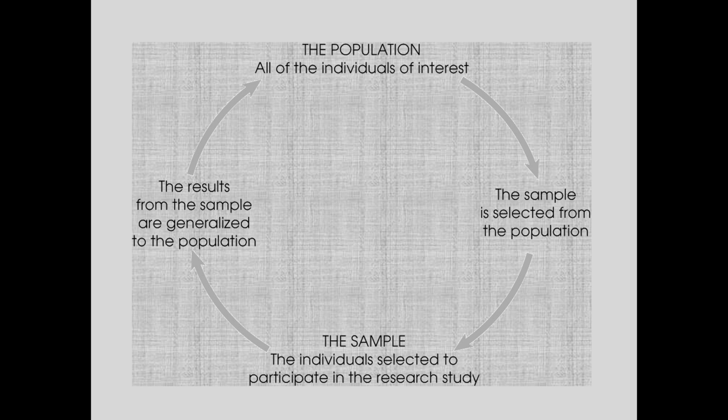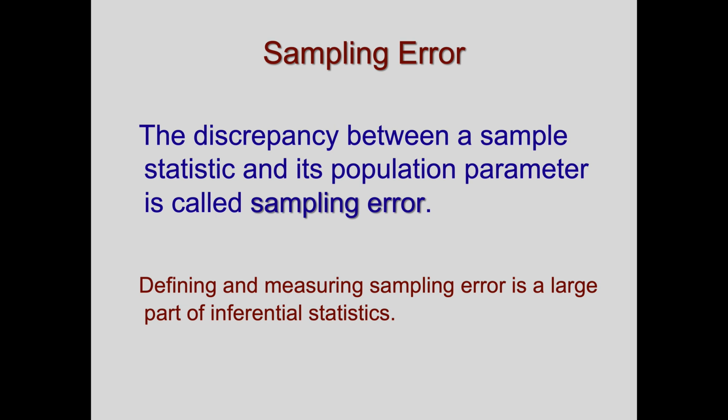So the sample should represent that. If it's 55% Democrat, then the sample should be 55% Democrat. What it should not be is if the population is, let's just say 55% Democrat, the sample should not be 80% Democrat. Otherwise, that's what we call sampling error, and it's going to be off.